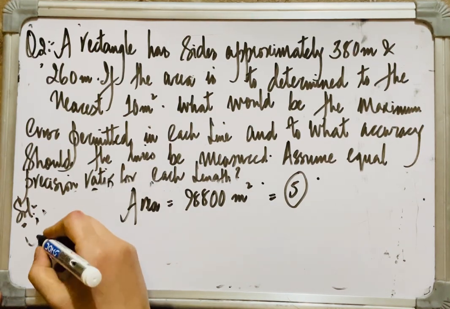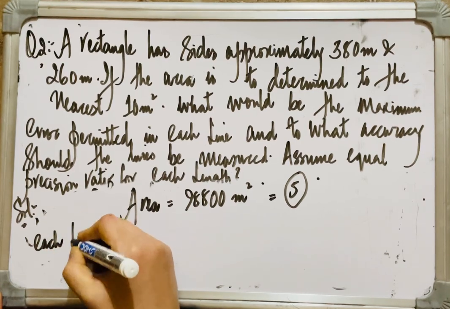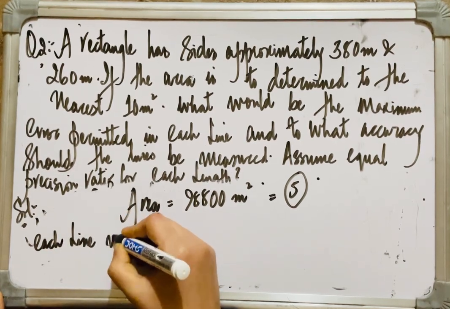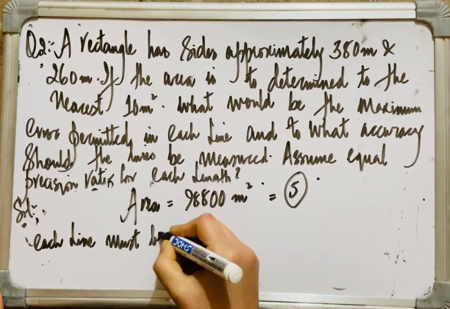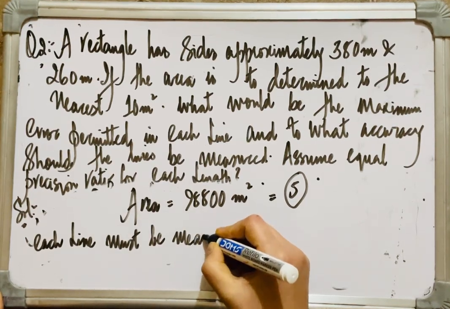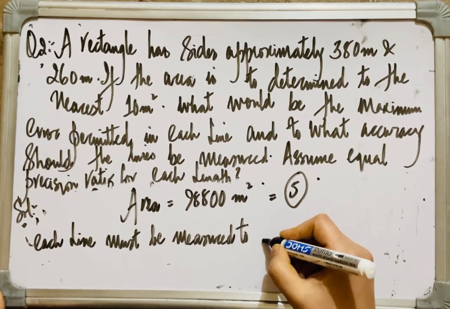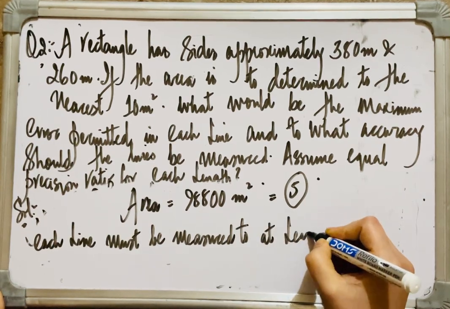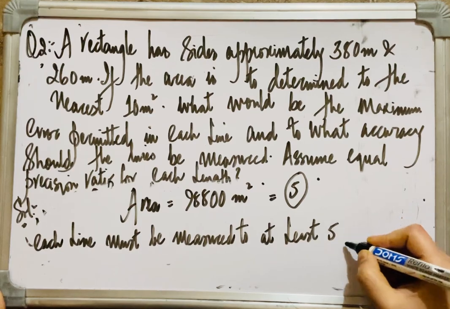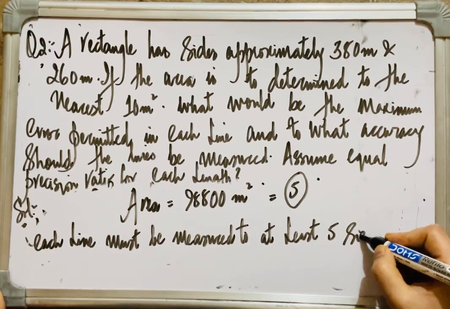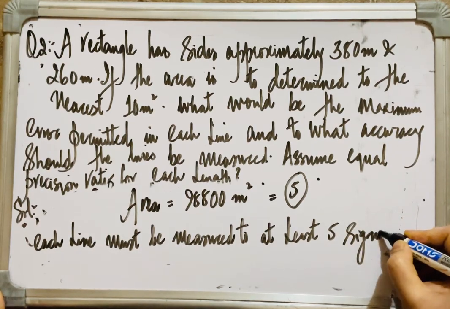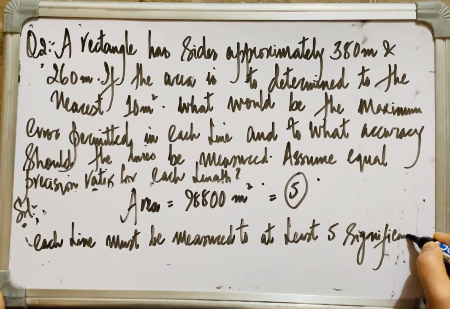All right. Each line must be measured to at least 5 significant figures.